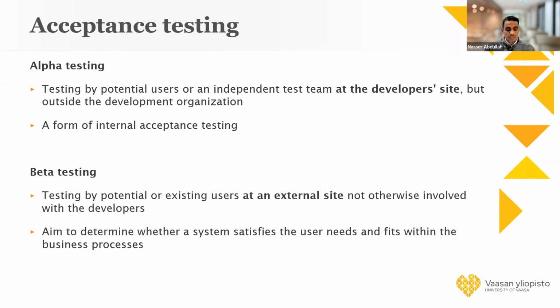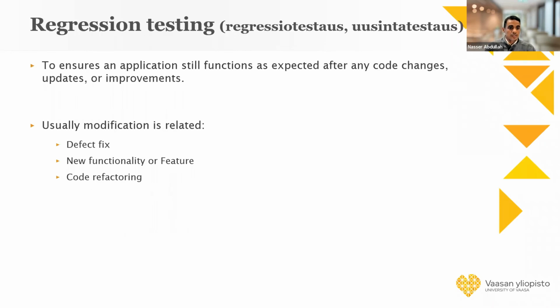For example, they will check the ability to sign in. If it works, pass. If not, it's not pass. It's kind of like a questionnaire after the user explores the whole system, and then the user marks it okay or not okay, pass or fail. This is acceptance testing.